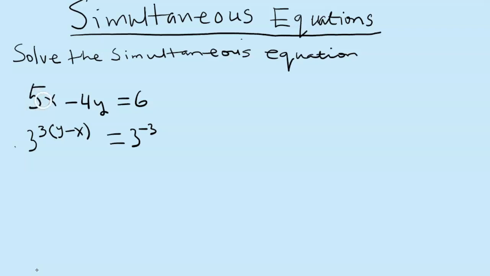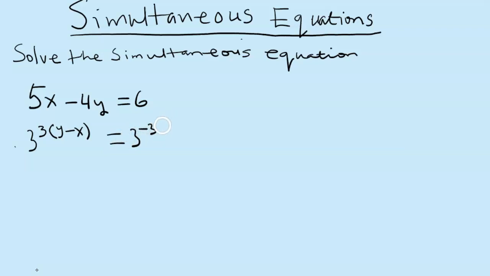Here we have been given 5x minus 4y equals 6, and 3 to the power of 3 outside, y minus x in the bracket, equals 3 to the power of negative 3.